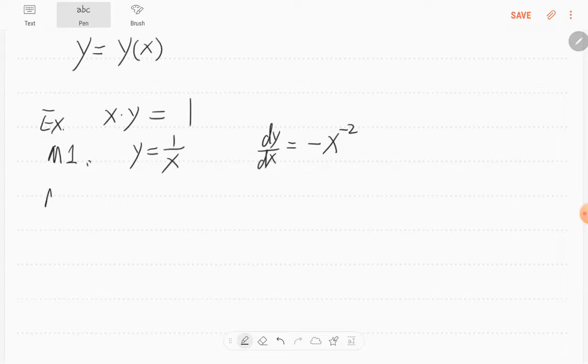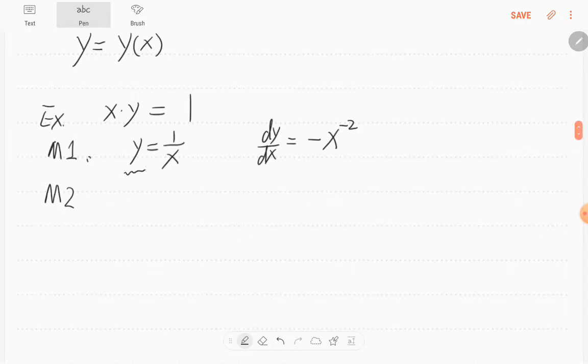We use the power rule. But if we want to treat y as an implicit function of x, in other words, we don't want to express y in terms of x explicitly, how do we do that? Keep in mind, y should be a function of x.